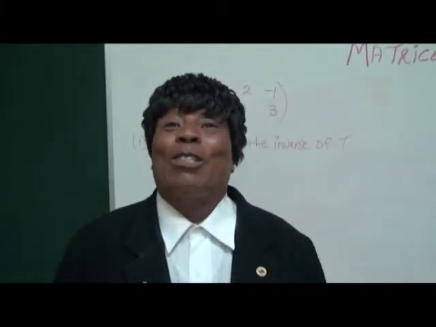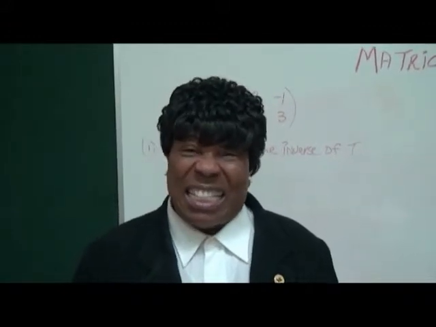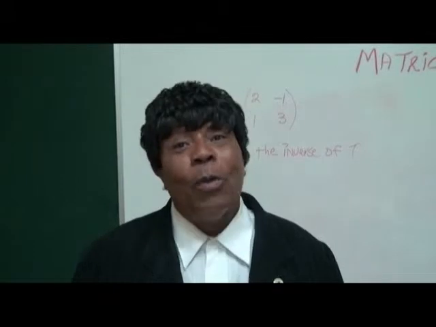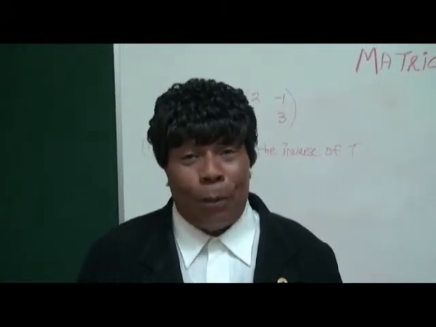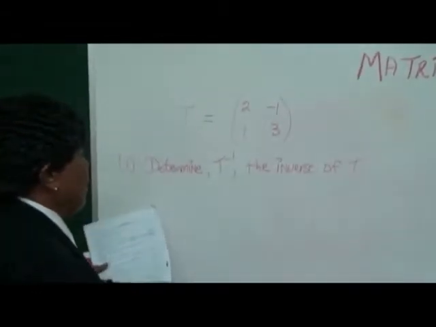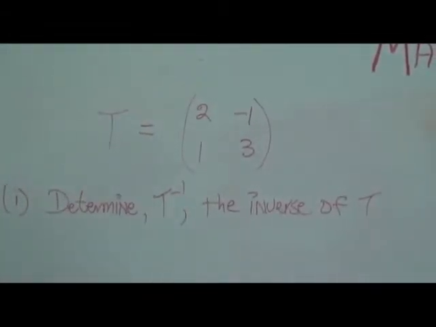They also wrote it in words for you. When you're asking what this T to the negative 1 is, they're telling you T to the negative 1 means T inverse. So it says determine the inverse of T, and that is our matrix up there.